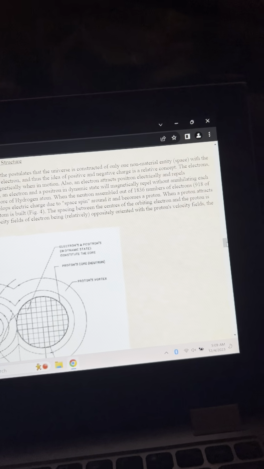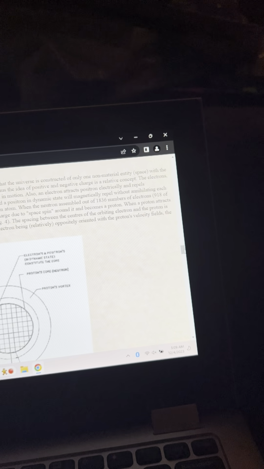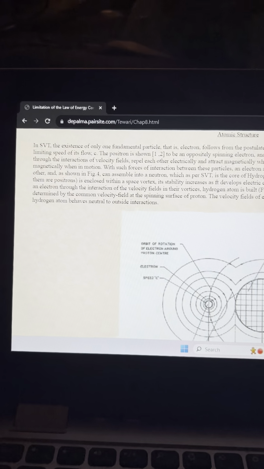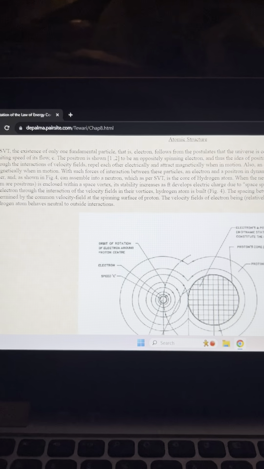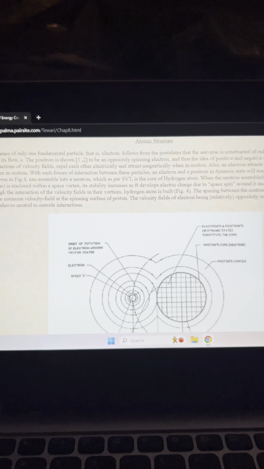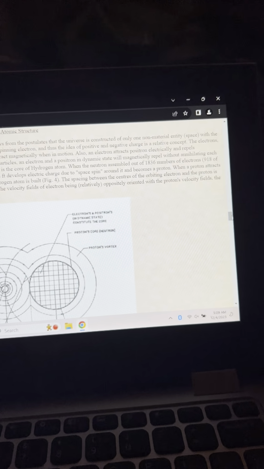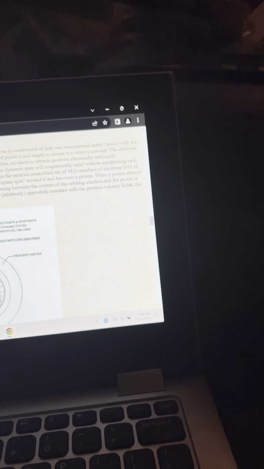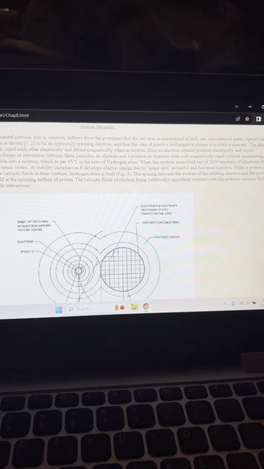The spacing between the centers of the orbiting electron and the proton is determined by the common velocity field at the spinning surface of the proton. The velocity fields of the electron being relatively oppositely oriented with the proton's velocity fields, the hydrogen atom behaves neutral to outside interactions. Okay, let's look at this diagram.